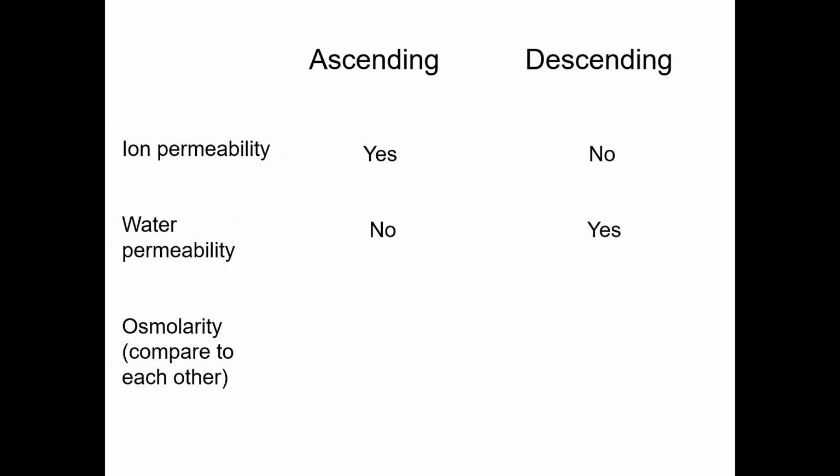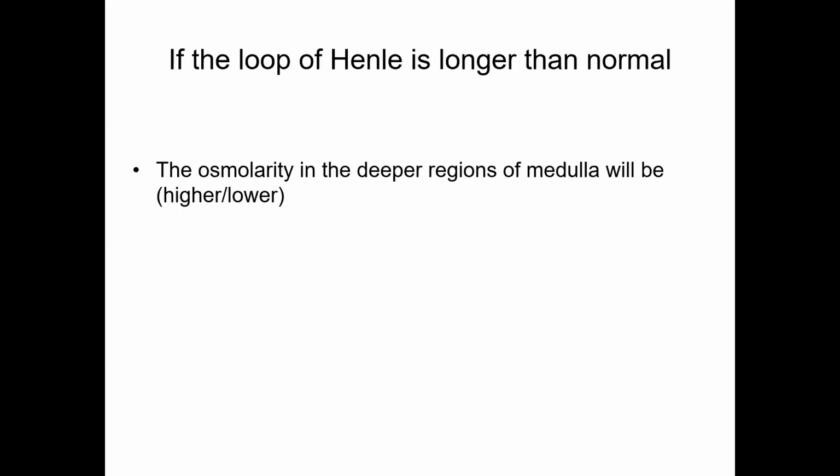Comparing osmolarity, is the ascending or the descending limb more concentrated? So the longer the loop of Henle, can we say the more water and ions being reabsorbed?